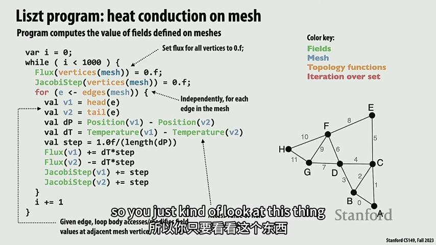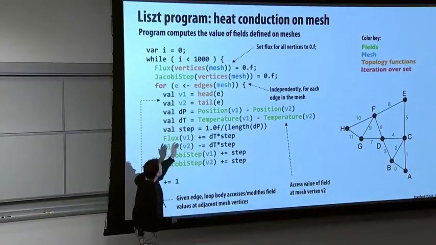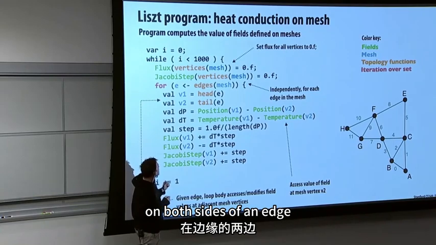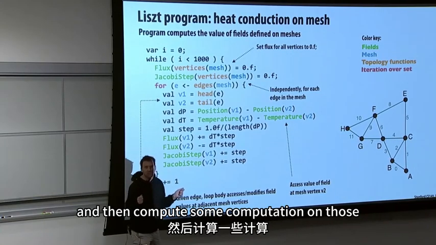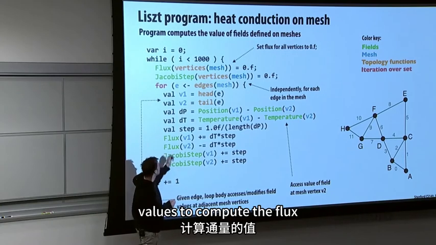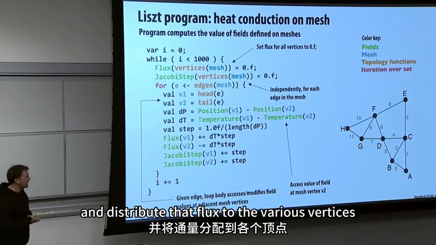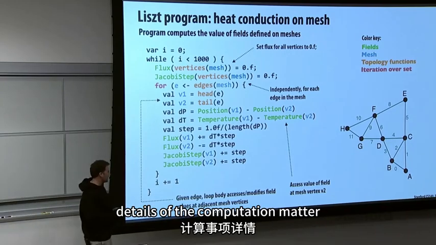So you can just look at this, and this is just an algorithm that takes position and temperature from the vertices on both sides of an edge, and then computes some computation on those values to compute the flux over that edge and distributes that flux to the various vertices. Details of the computation don't matter.